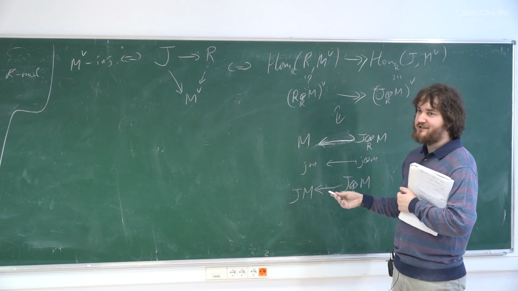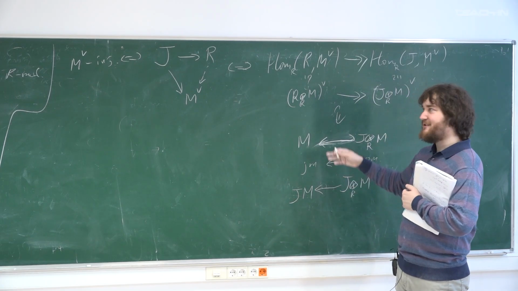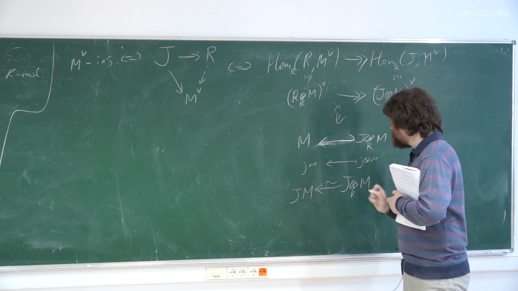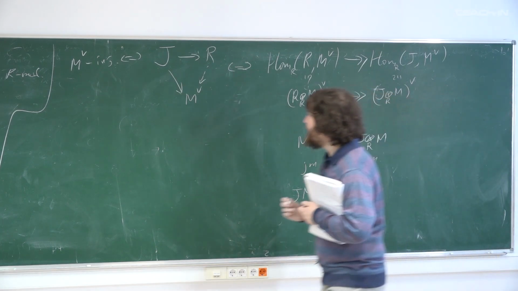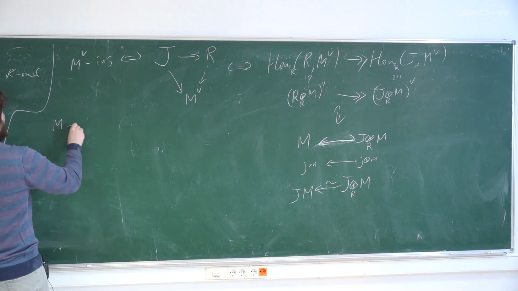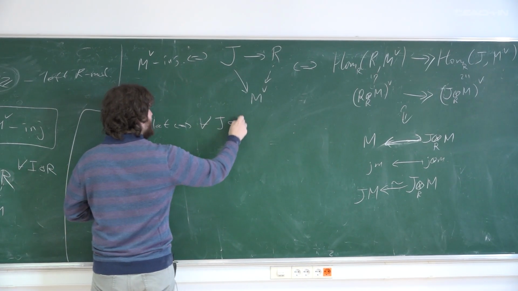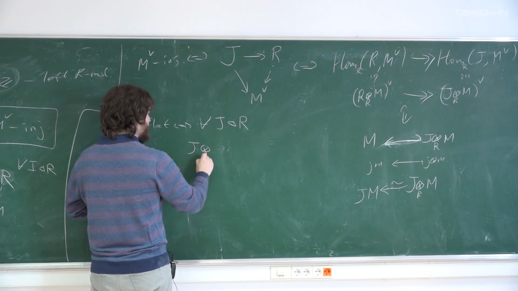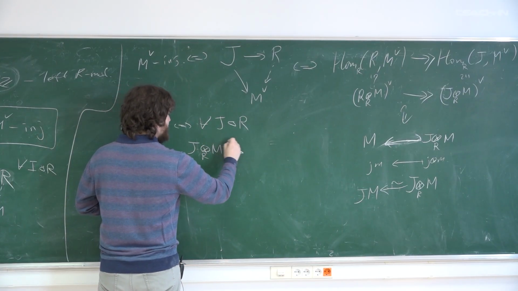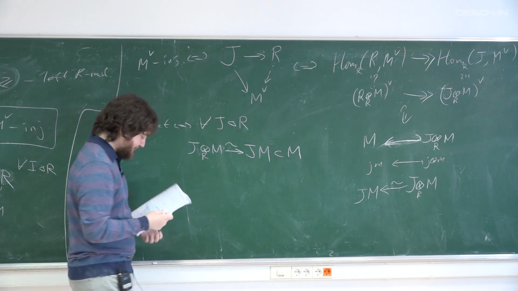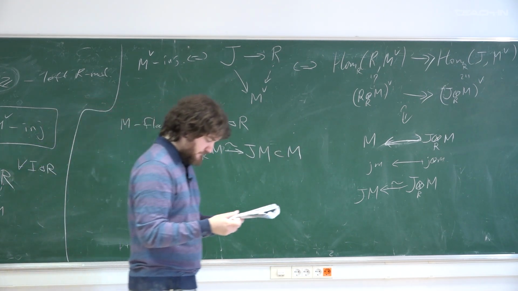No, it's always surjective. And we say that injectivity of M check is equivalent to saying that it's injective. So it's an isomorphism. So we obtain that M is flat if and only if for any ideal this natural map is an isomorphism onto this submodule in M. Why is it an isomorphism?